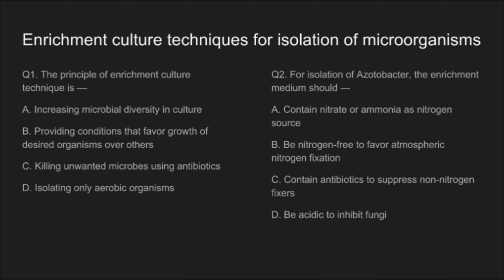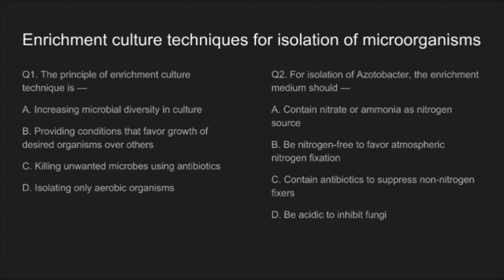Next is question 2. For isolation of azotobacter, the enrichment media should A. Contain nitrate or ammonia as nitrogen source. B. Be nitrogen free to favor atmospheric nitrogen fixation. C. Contain antibiotics to suppress non-nitrogen fixers.